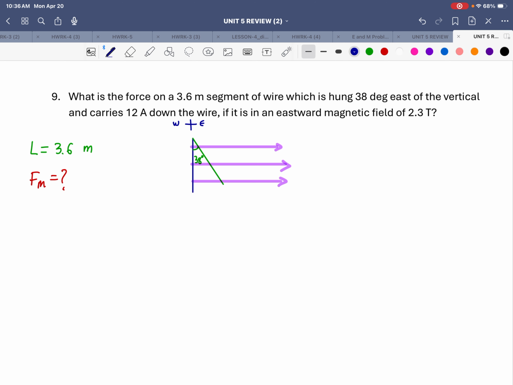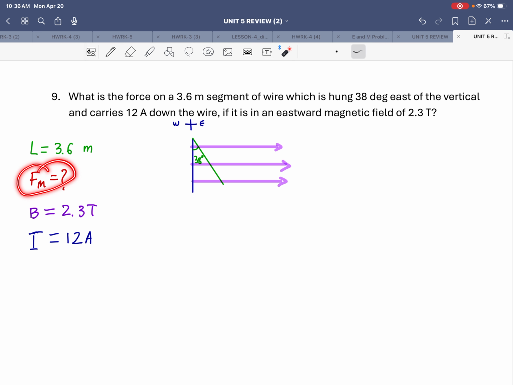And the strength of the magnetic field will be 2.3 Tesla. Now, the wire carries 12 amps of current. That's the current in the wire. And we need to find the magnetic force that is applied to the wire.